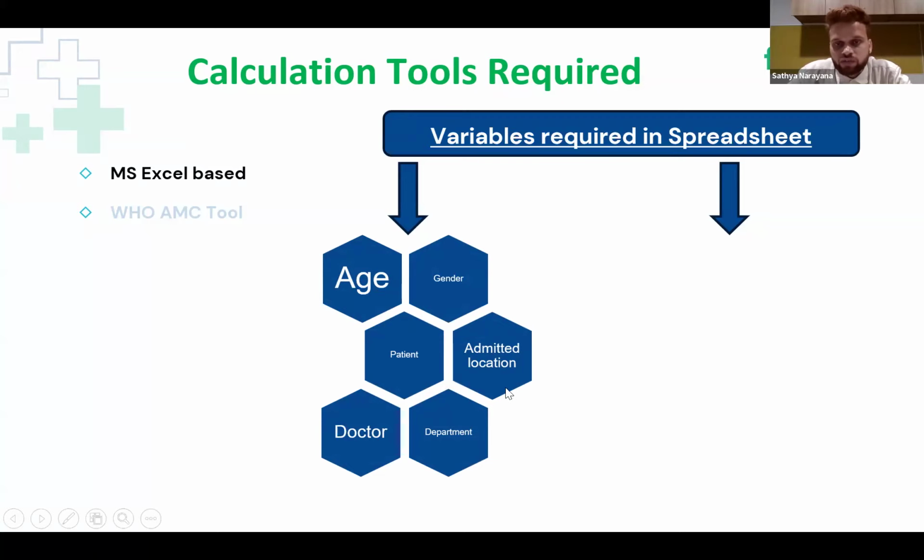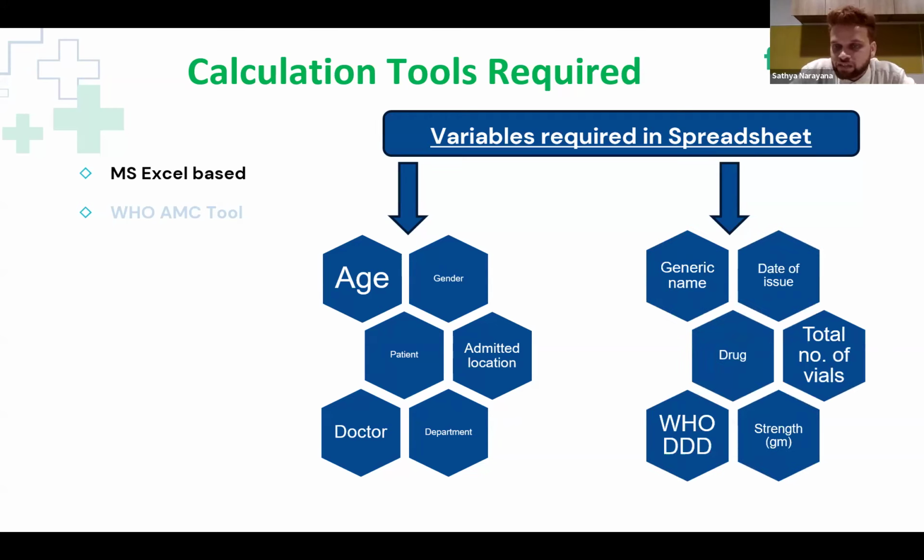This admitted location lets us be very precise about the area, ward, or kind of patient where the patient was admitted. It would give very precise data based upon the departments also. This data can be given in 3 to 4 ways, like physician wise, department wise, or ward wise, I mean locality wise. So it would be based upon how the institution proceeds.